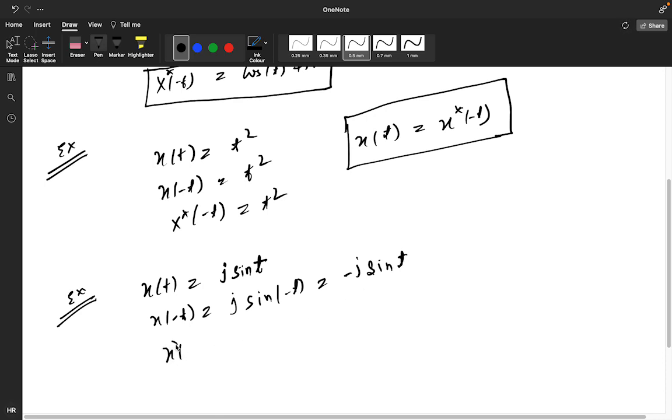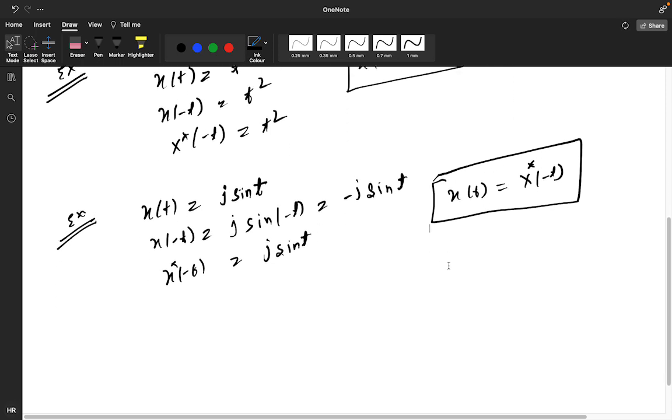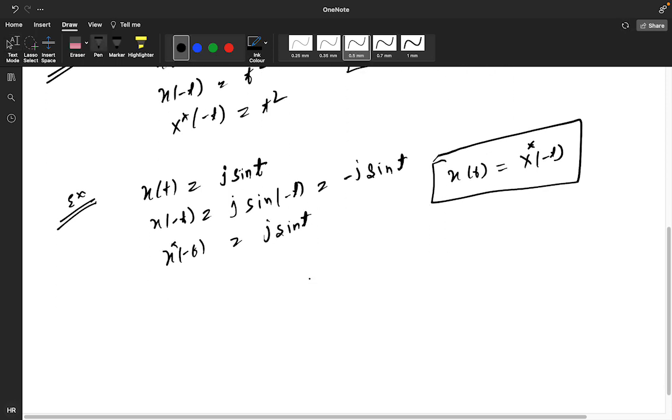So x conjugate of minus t will be j sine t. So x of t we are getting as x conjugate of minus t. So this was the conjugate symmetric signal. So write a shortcut for a conjugate symmetric signal.